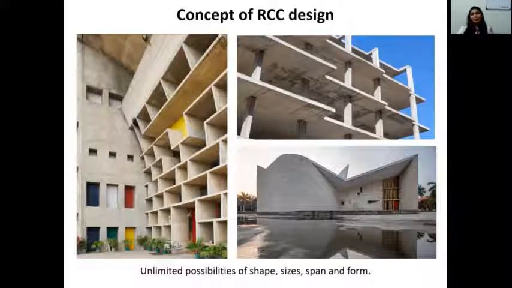So possibilities of construction and form, size, span, and shape are actually unlimited with RCC. That much versatile a material this RCC is, and that is why you see a lot of buildings around you built in a similar construction system.